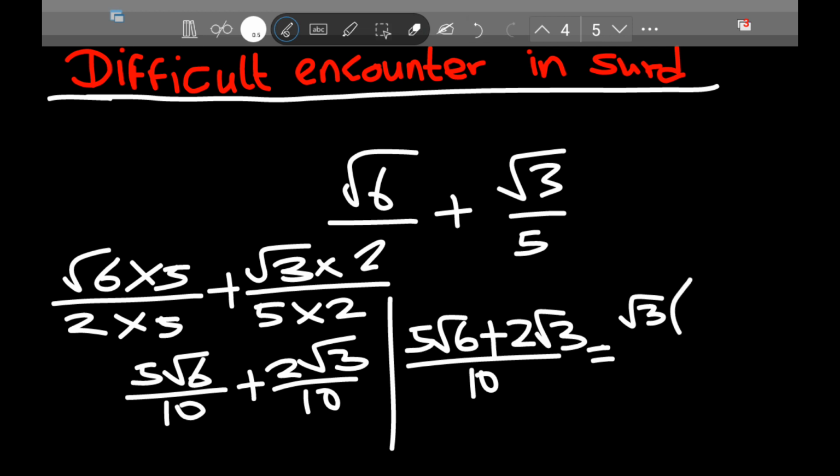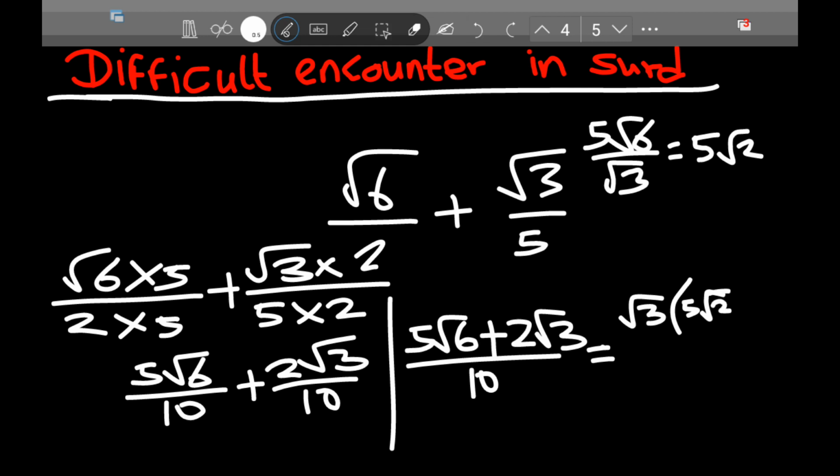Then if you recall, when we divide 5 root 6 by root 3, we got 5 root 2. So you need to put it here. And whatever the sign is, put it here as well.